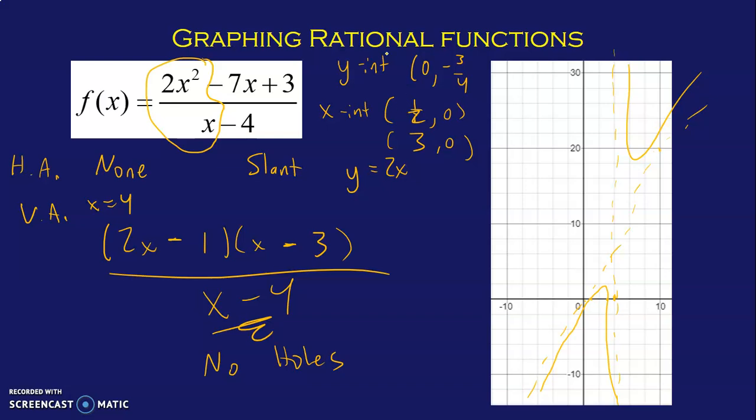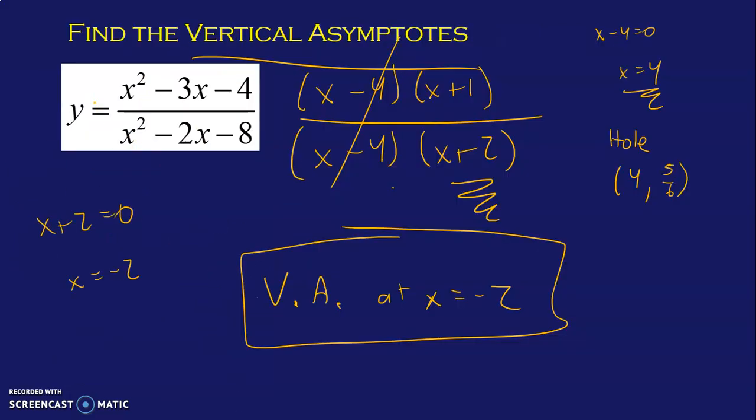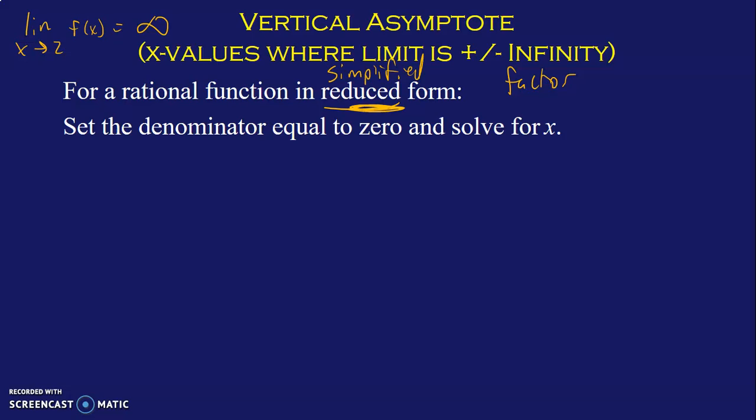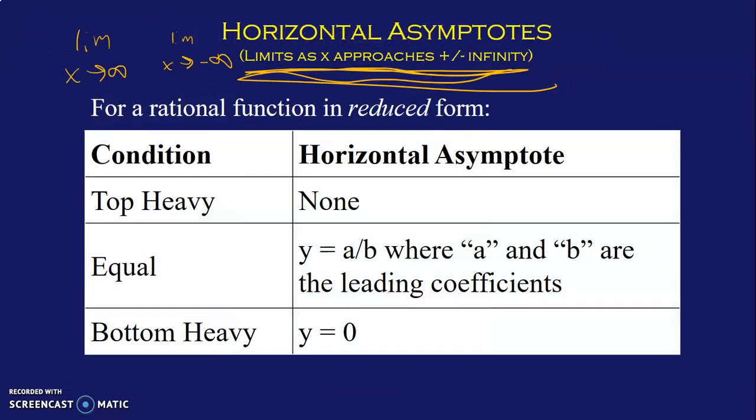Now, keep in mind the reason that we're thinking about graphing and looking at all these asymptotes is because the asymptotes are really just telling you the limits. The horizontal asymptote tells you the limit as x approaches either positive or negative infinity.